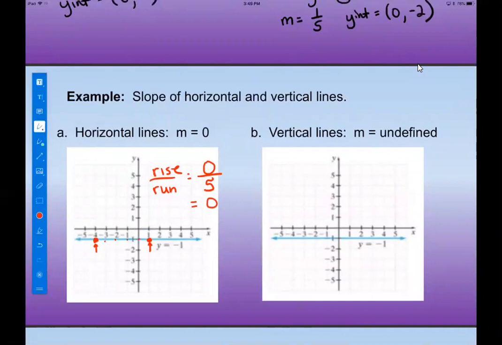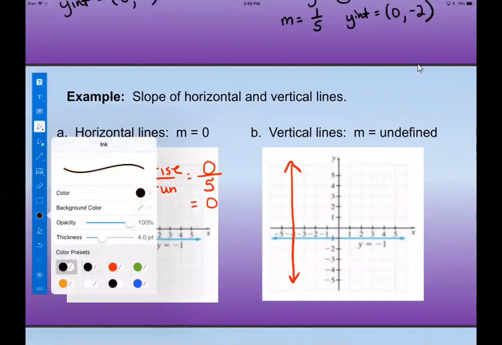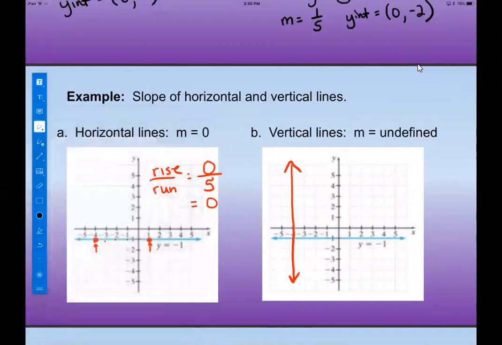And I just realized I copied the wrong graph. So let's just draw us a vertical line. Let's say this is our vertical line, and we wanted to find the slope of this line. Let's pick 2 points on the line.